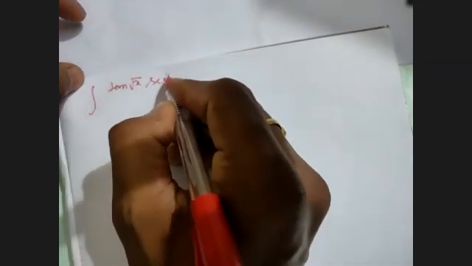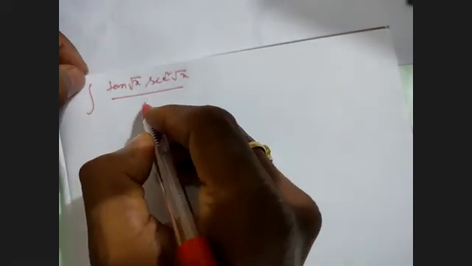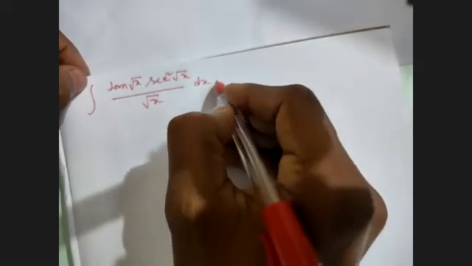Integration of tan root x sec square root x divided by root x dx. Which one do you have to let as t? Root x?